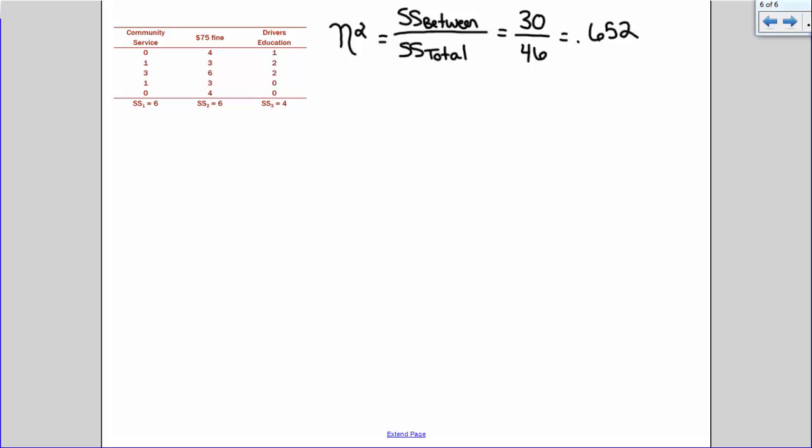So we can say, if we multiply this by 100, turn it into a percent, because it's a proportion right now, 65.2% of the variance, or of the differences in traffic citations, right? That's what we're measuring, our dependent variable, is predicted by which program people were in, or is due to the program people were in, or is accounted for by which program people were in.